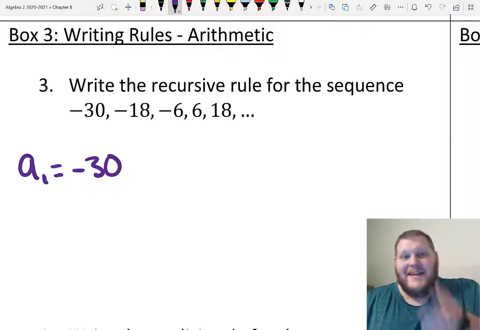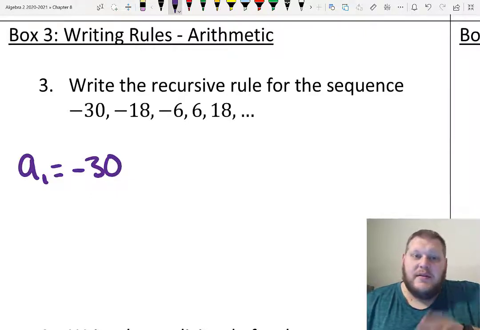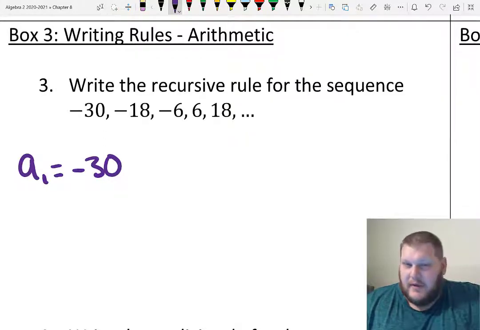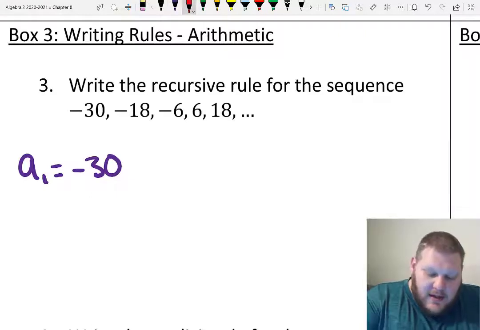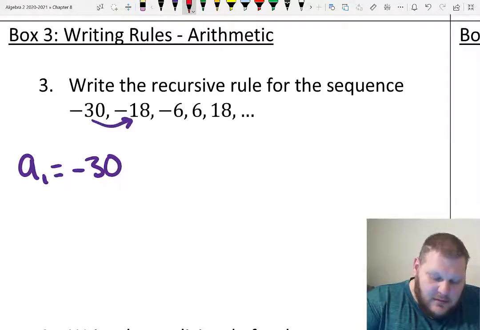Now, this next part is different whether it's arithmetic or geometric. So we know this, obviously the box 3 title says it's arithmetic, but we can see going from one to the next in my sequence, I am going up 12.